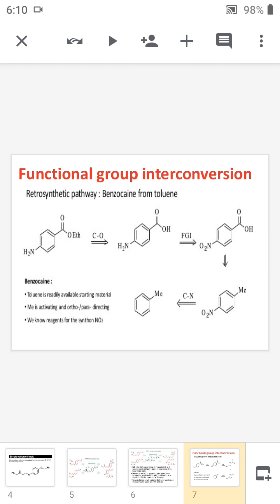So after every retrosynthetic analysis, we should represent the synthesis. We should keep in mind that for every retrosynthetic analysis question, we first write the retrosynthetic analysis. After that, we should write the synthesis of the same target molecule.